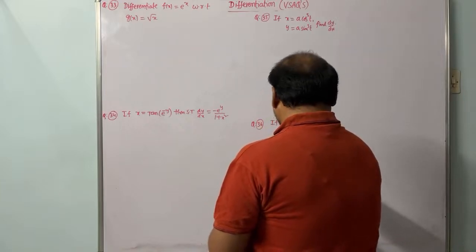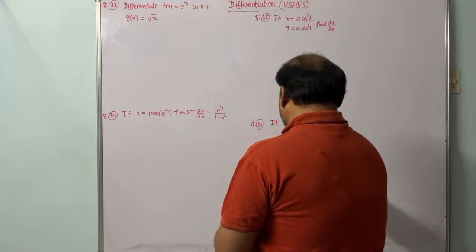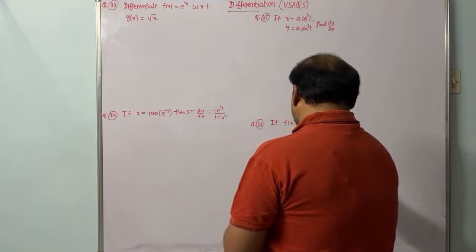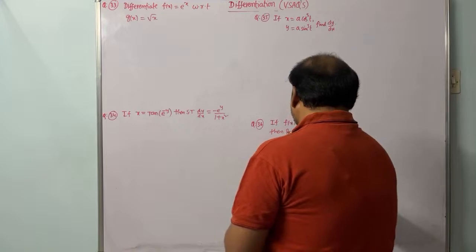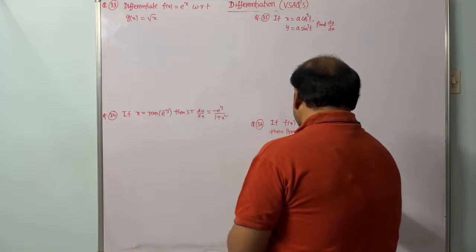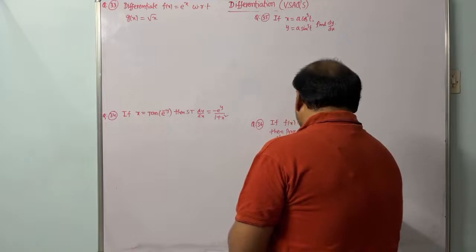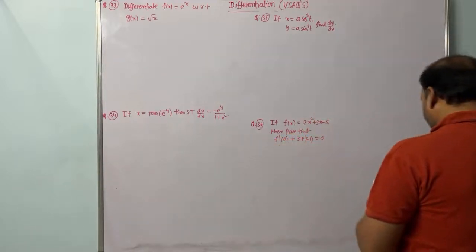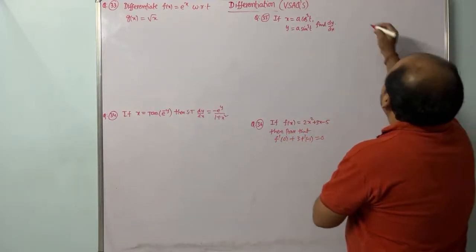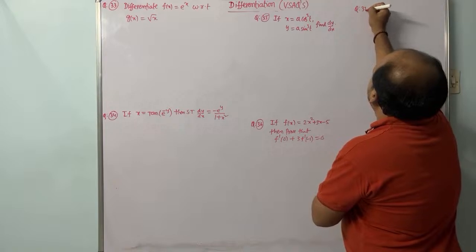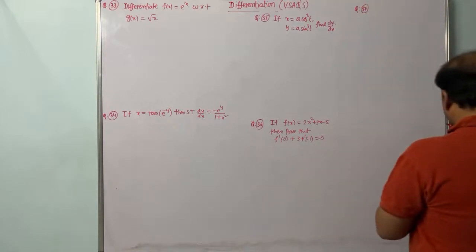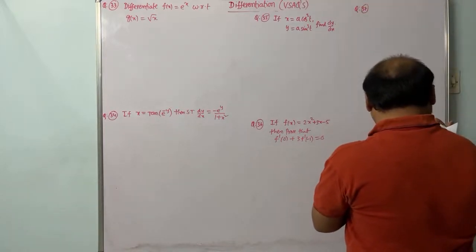If f of x equal to 2x square plus 3x minus 5, then prove that f dash of 0 plus 3 into f dash of minus 1 equal to 0. Next question number 37. This is also second order derivative, dear students.